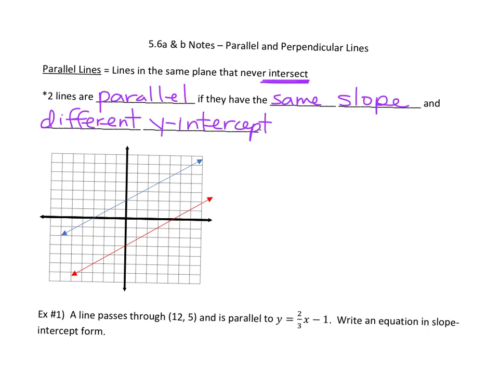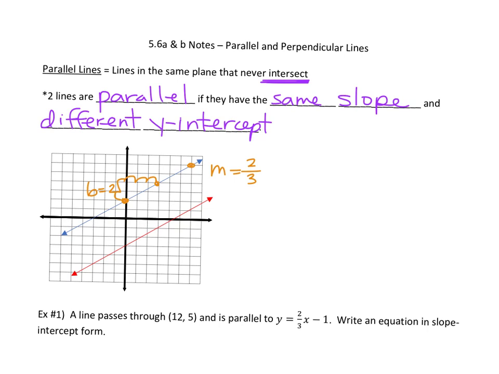So if you look at this picture here, your y-intercept is 2, and your slope, if we pick another point and another point, your slope here is up 2 over 3. So your slope would be 2 over 3, okay? Now look at the second line, the red line here.